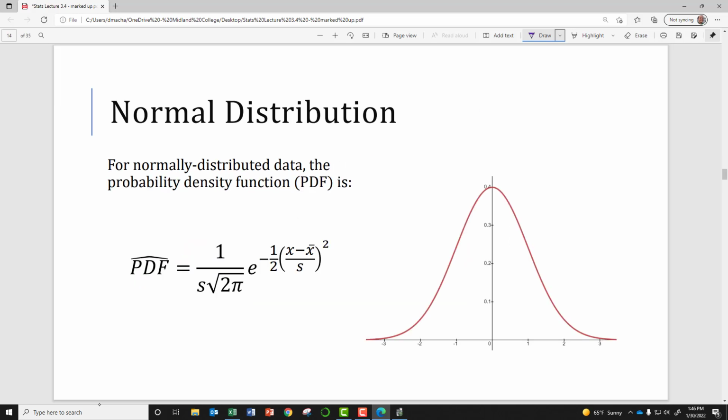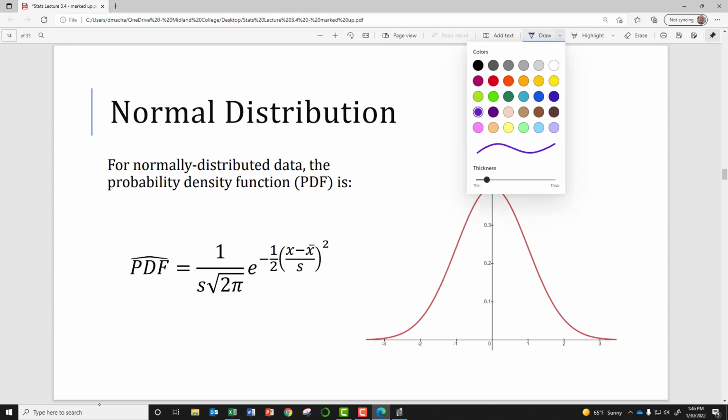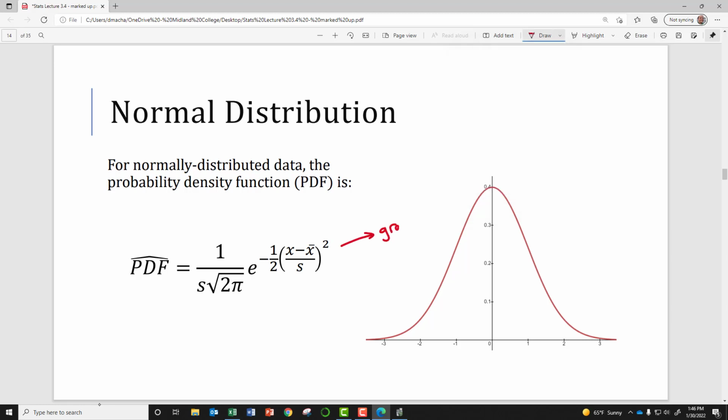So, for normally distributed data, this is the PDF, which we talked about. And this is what it looks like if you actually graph this on a little plane, where my vertical axis is values of the probability density, and my horizontal axis are values of x.